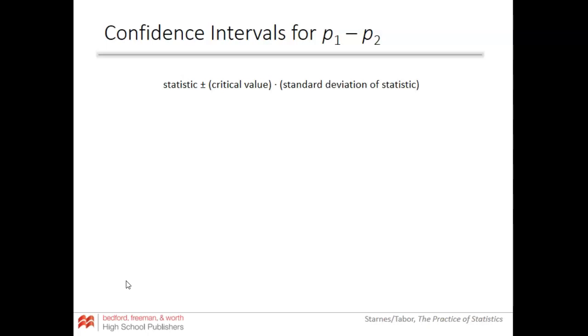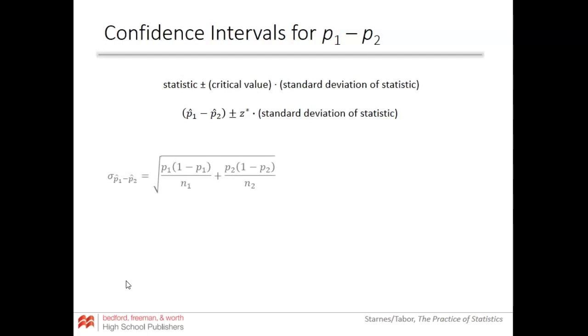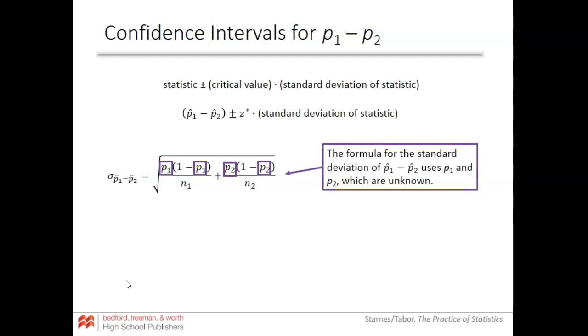So if you think about the formula for confidence intervals, it's statistic plus or minus critical value times the standard deviation. For a difference of proportions, our best guess as to what the true difference is is the difference of the samples. And if we knew the proportions, we could use this combination that we used before when we were talking about sampling, except we don't actually know these proportions.